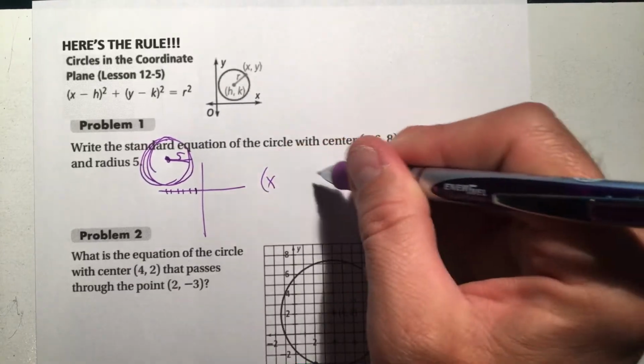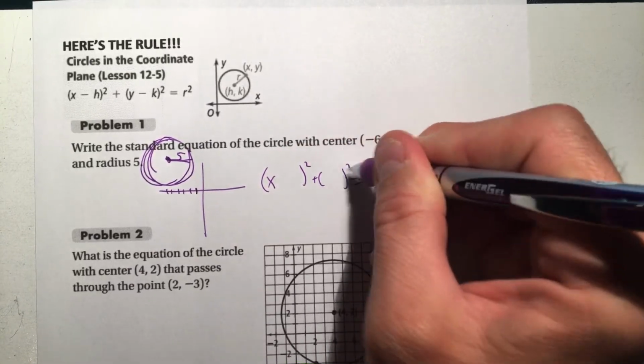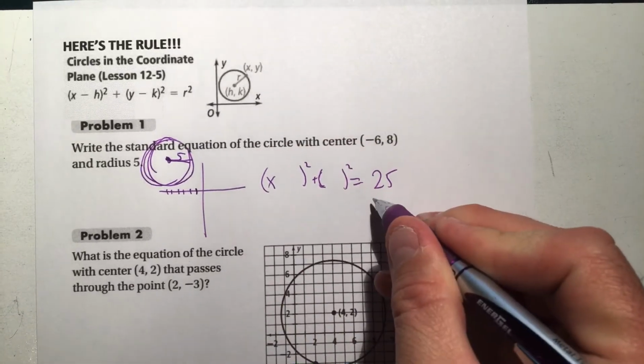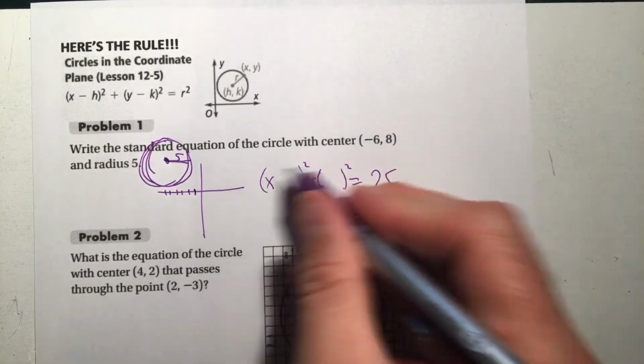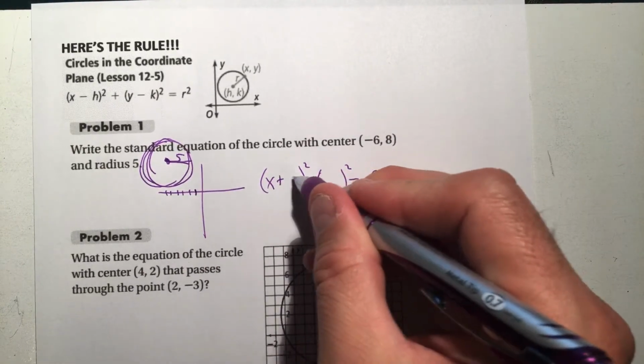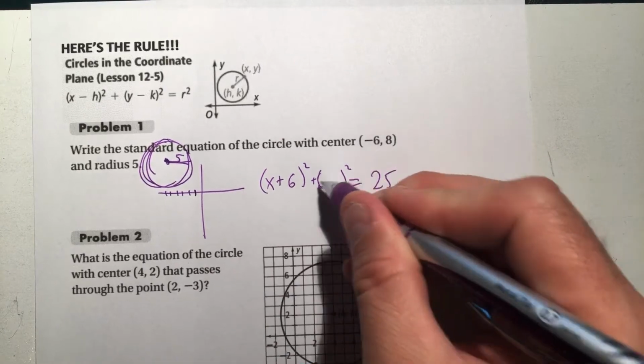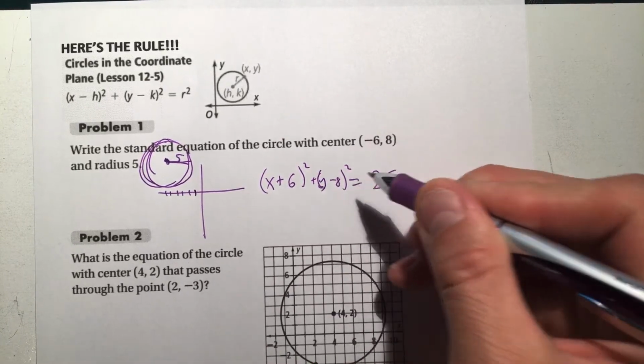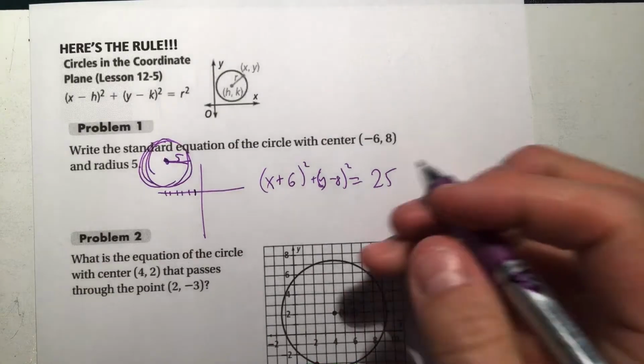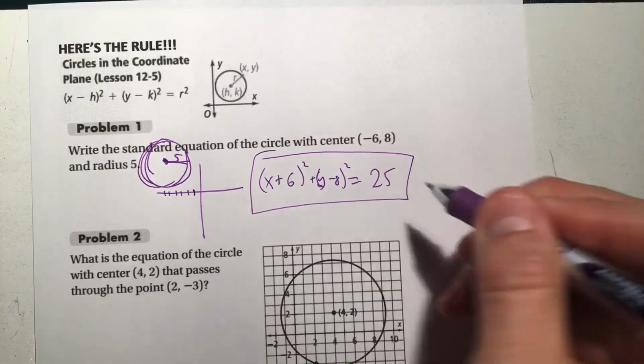They always look like this. Because I went to the left 6, this is going to be plus 6. And because I went up 8, it's going to be minus 8. And there's our equation: x plus 6 squared plus y minus 8 squared equals 25.